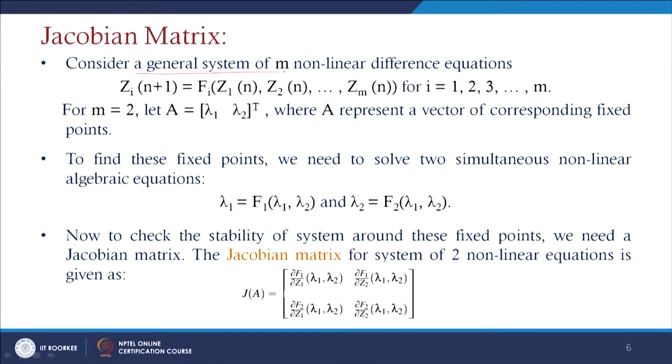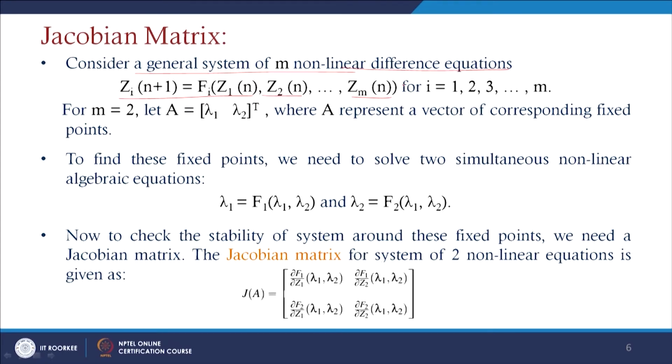So, if you go for this matrix approach here, since we have a system of nonlinear equations, a general system, suppose we consider m nonlinear difference equations, represented as z_i of n plus 1 equals f_i of z1 n, z2 n, up to zm n, where i varies from 1 up to m.